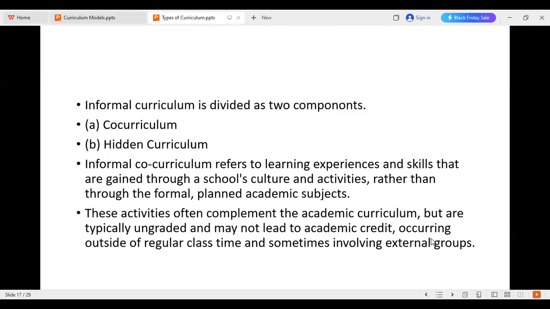Aesthetic studies we teach, literature we teach, but by organizing cultural activities, programs, we can give them practical knowledge, practical experience, real experience.